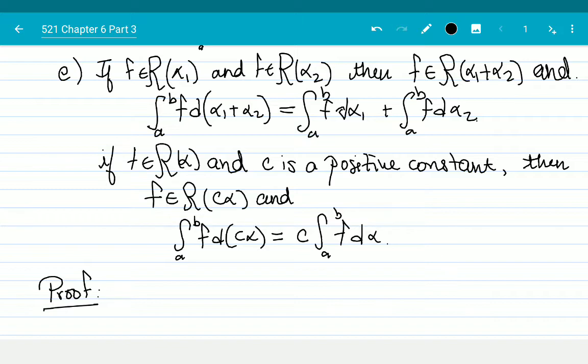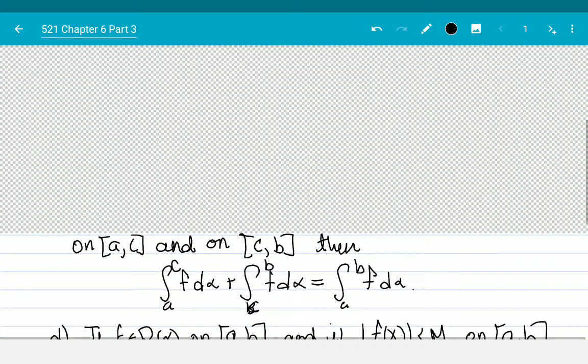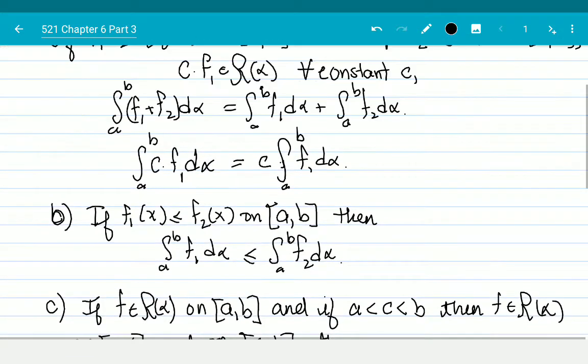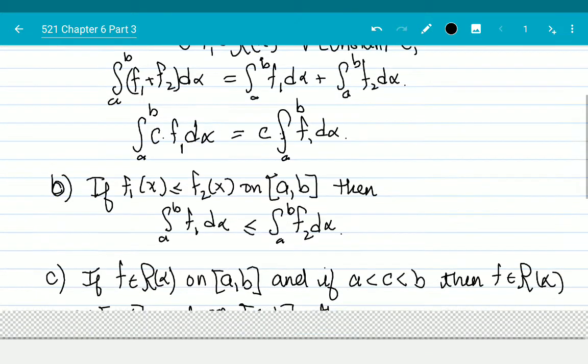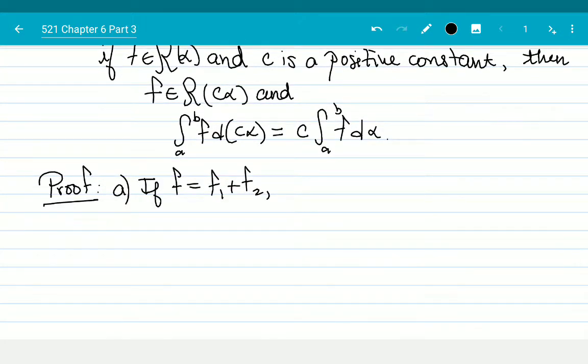How do we prove this? If f is equal to f1 plus f2, what does this say? Well, if f1 is Riemann-Stieltjes integrable and f2 is Riemann-Stieltjes integrable, then here's what is going to happen.